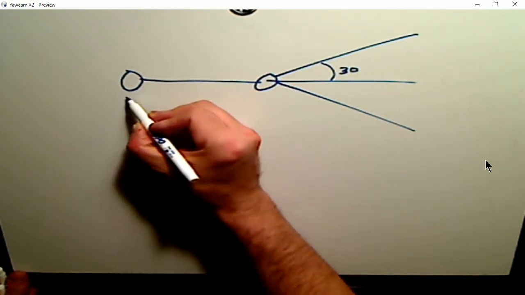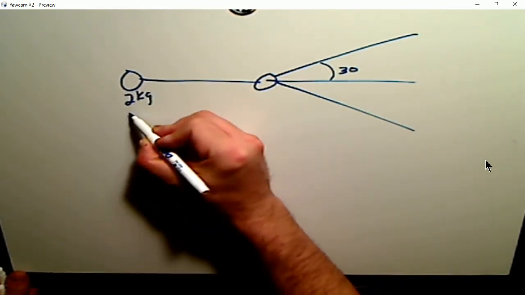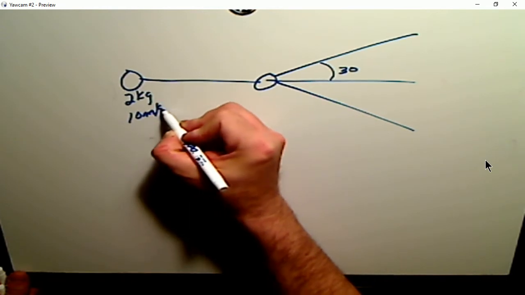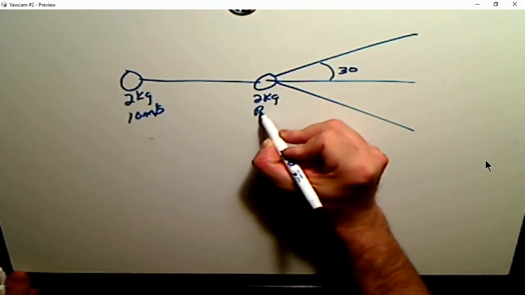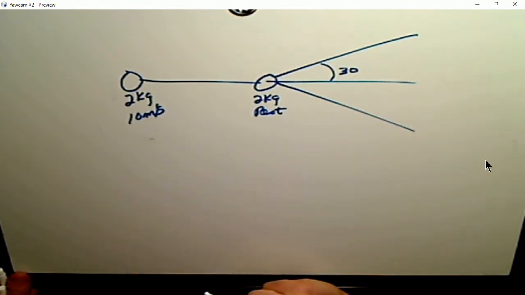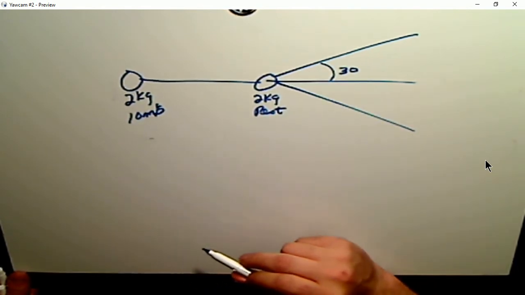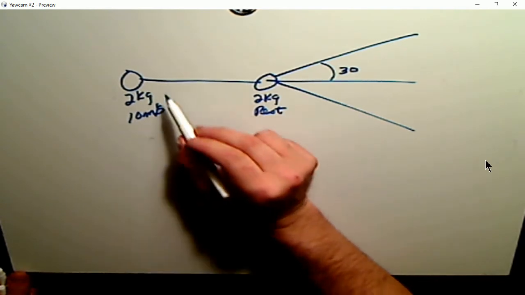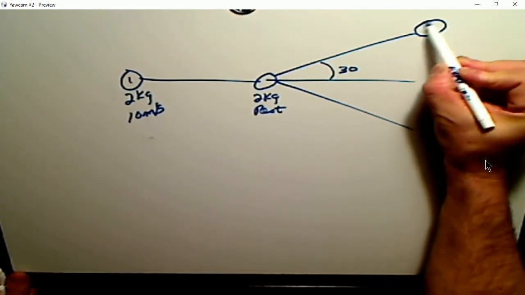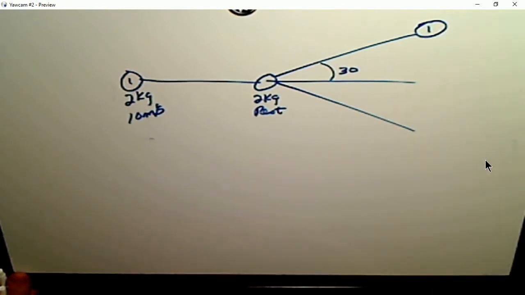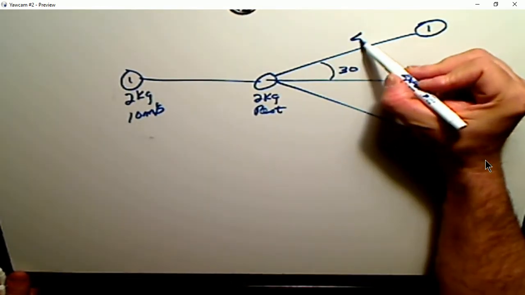I have a 2 kilogram ball going at 10 meters per second. It's a 2 kilogram ball at rest. This ball here, let's call this ball 1, goes up here at a 30-degree angle at 5 meters per second.